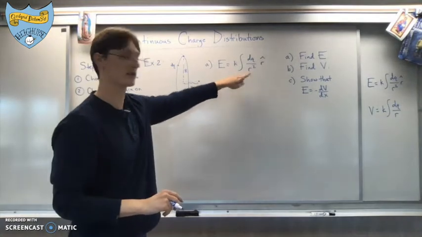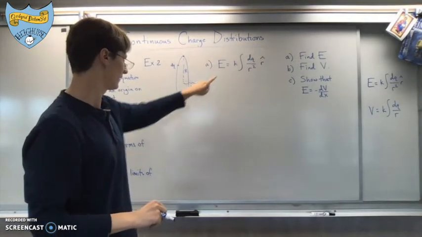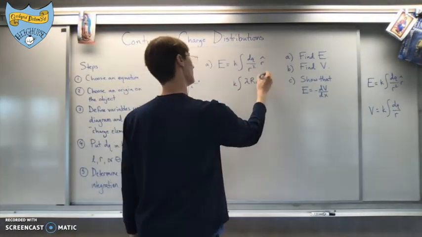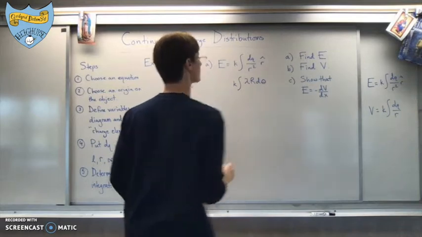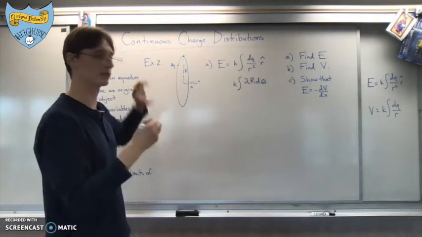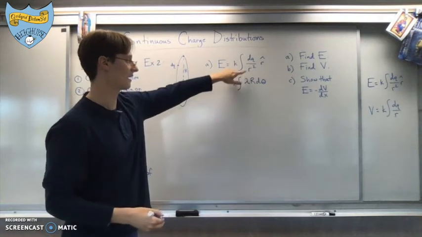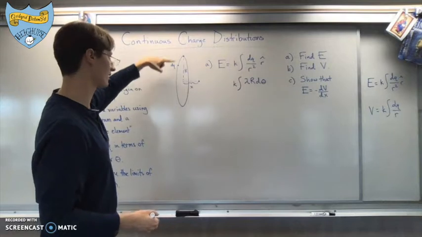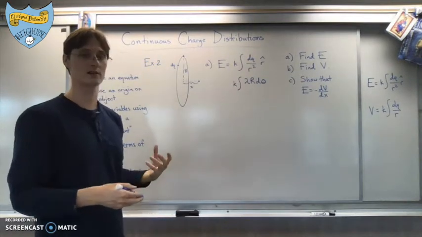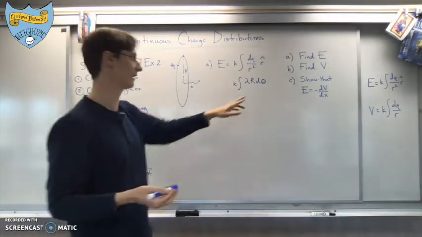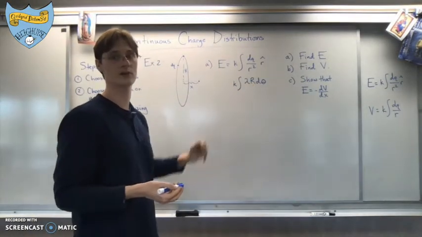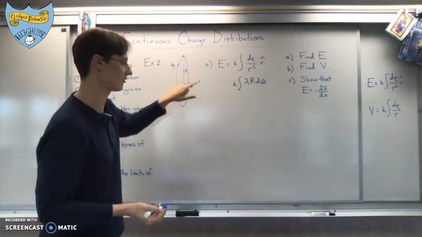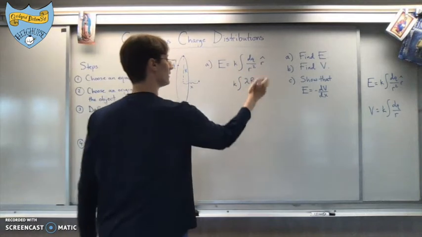All right, that's what little r is going to be. dq is going to be the same lambda r d theta, but it's in terms of the actual radius of the ring, not this r right here. Okay, the amount of charge on some particular section is based on the arc length, right? And so that's based on the radius of curvature of the actual ring, not on the distance from the ring to the point.